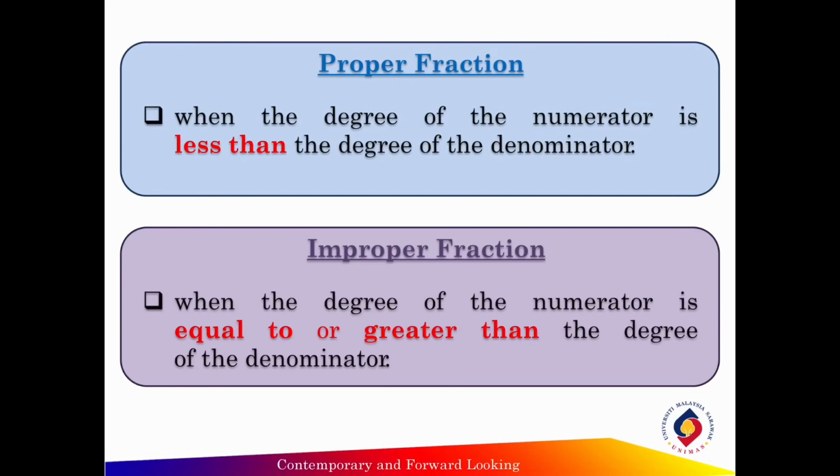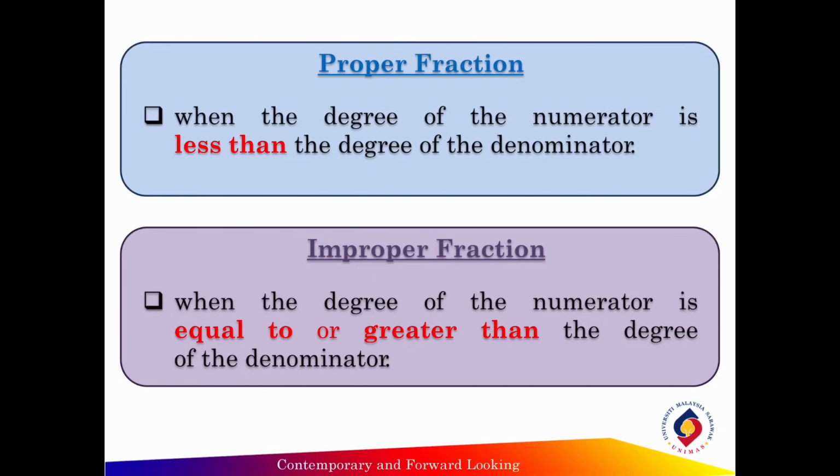Before we go to the types of denominator's factors, let's discuss what a proper fraction and an improper fraction are. A proper fraction is when the degree of the numerator is less than the degree of the denominator.